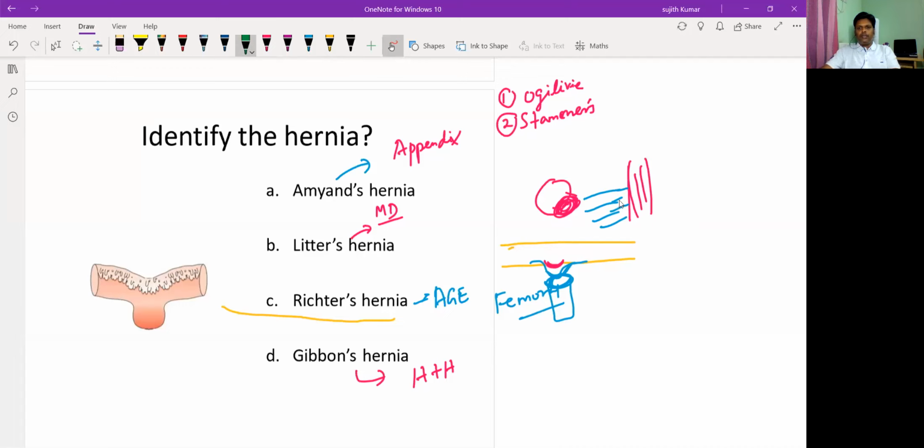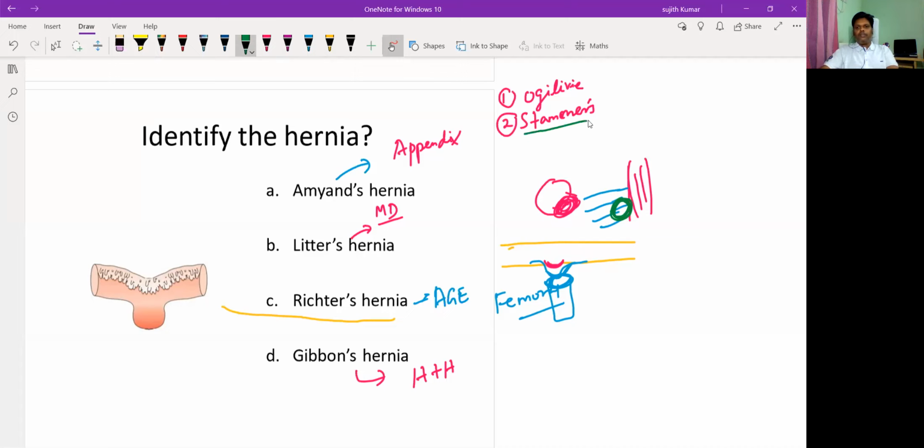Where the conjoint tendon fuses with the lateral aspect of the rectus sheath, you will have a herniation. Basically, you can call it a congenital direct inguinal hernia. The defect will be in this location in the conjoint tendon. This is called Ogilvy hernia.